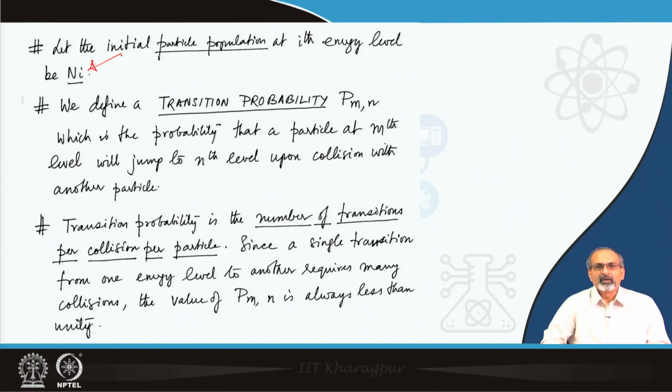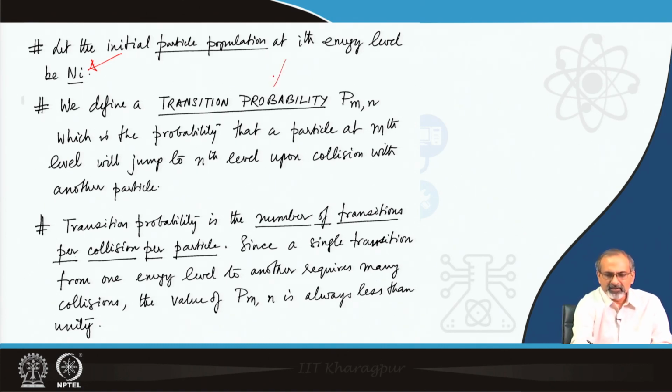We have to accept the fact that the particle population is basically a function of time, and the population at the ith energy level will keep changing with time as long as it is non-equilibrium. Simultaneously, the neighboring levels will also see population change because of what you see at the ith level, because they are all interacting with each other, and through the rate equation we get an idea of how the population keeps changing with time.